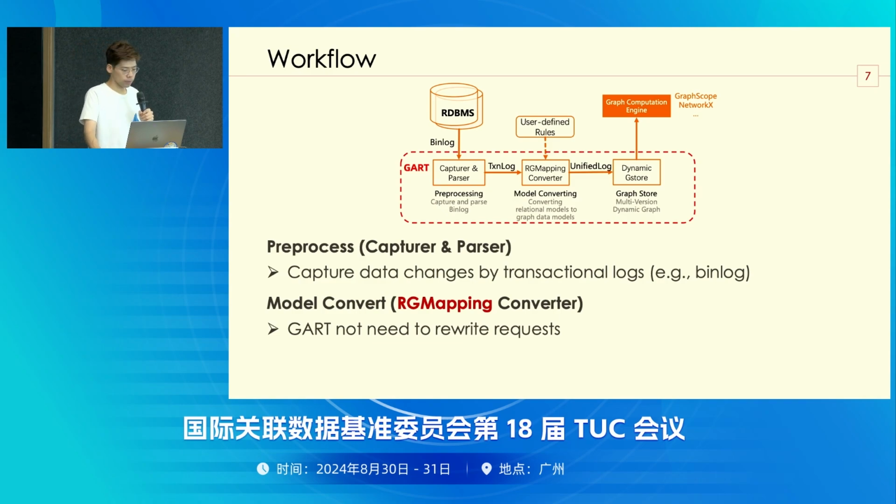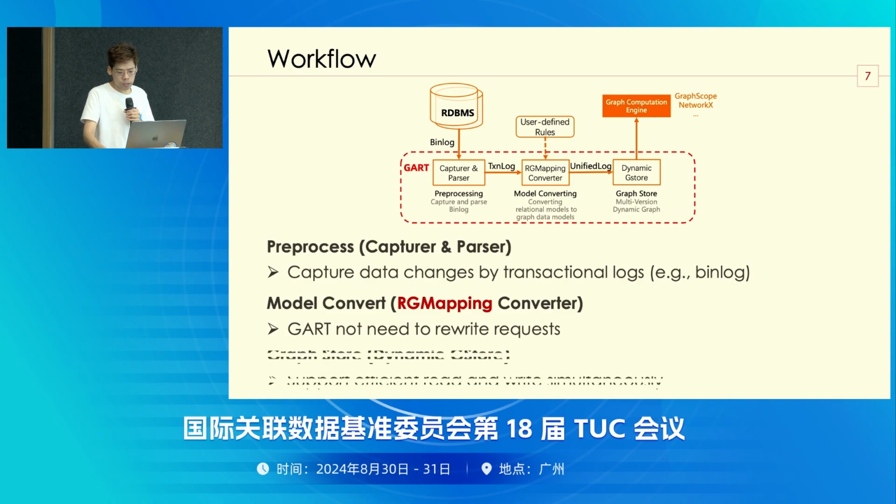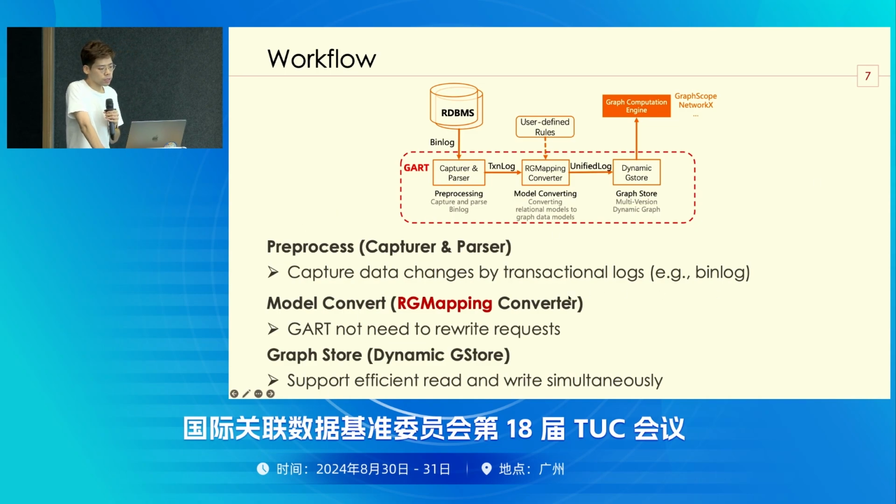We call it the RG mapping, and I will talk about it a few minutes later. And the third one is dynamic graph storage, which supports efficient simultaneous reads and writes for the graph computation engine, and users can read the graph like a multi-version graph.